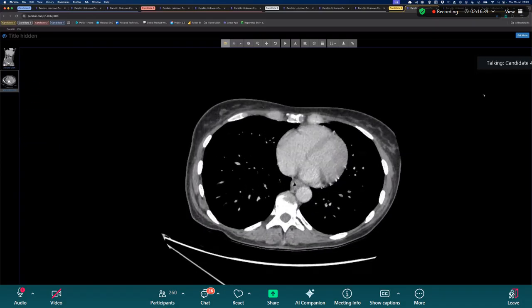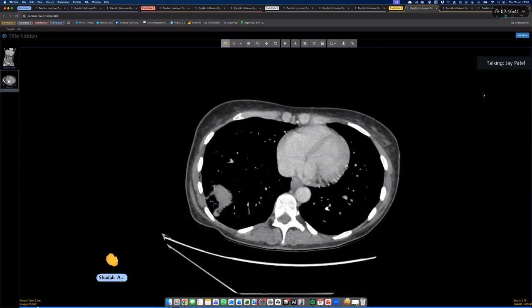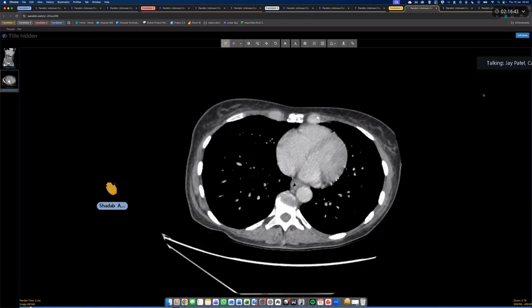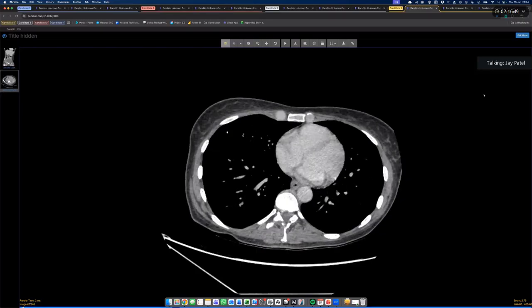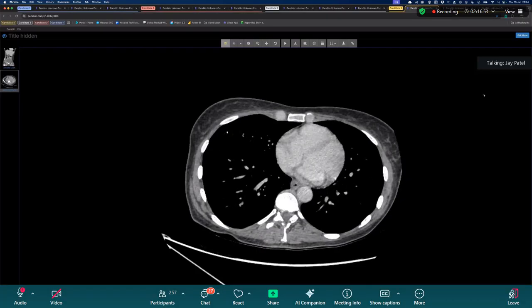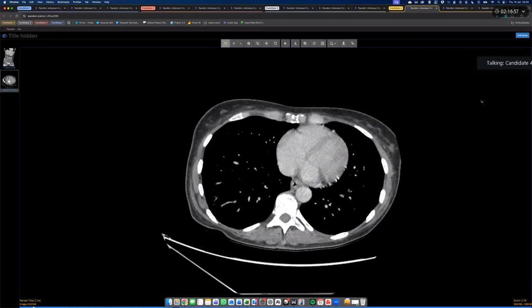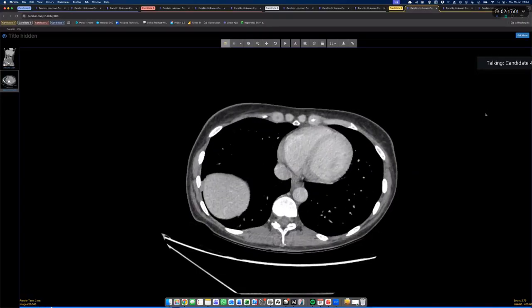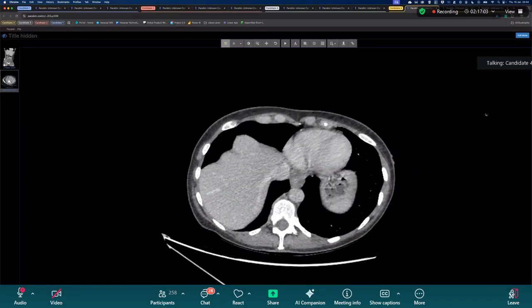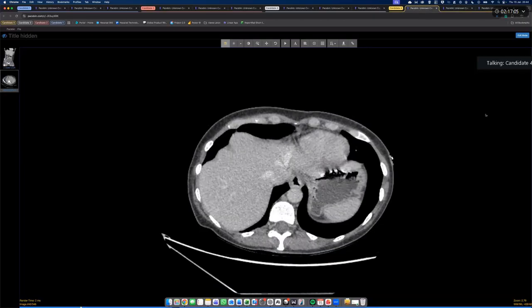Yeah, I have. Wonderful. So this is a 38-year-old female who's presented with an acute abdomen, severely raised inflammatory markers. These are the axial post-contrast images of an abdomen, portovenous phase. The patient is presented with a complaint of acute abdomen.